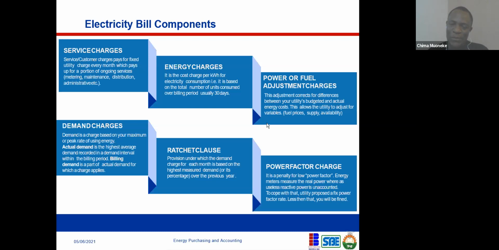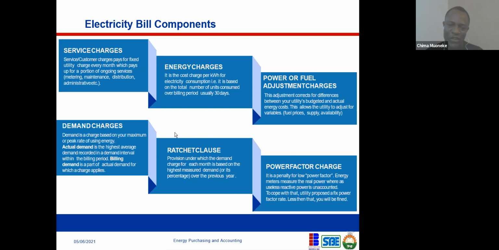By the time we advance into the electricity market, you might begin to see some of these charges. So we have the demand charge, which I already explained. We also have what we call a ratchet clause, which is similar to the demand charge. The electricity providers want you to consume energy responsibly. They don't want you to just switch on your devices anyhow, so they introduced this ratchet clause.